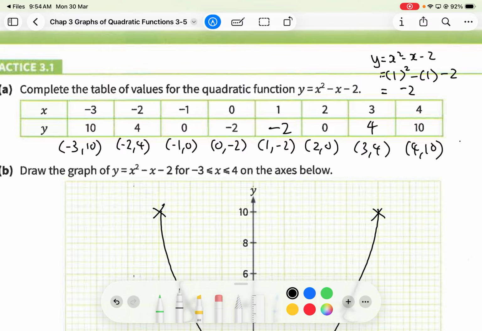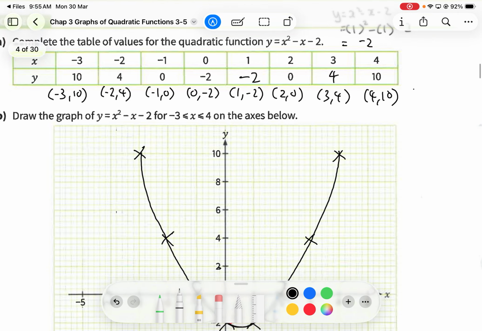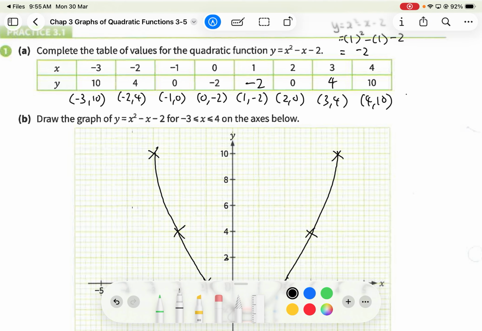That's why I put -2 here, because when y is -2, this thing will be balanced. Okay? So, meaning each of these points that I get is a point where the equation is balanced. Y equals to, the output equals to this right hand side one.